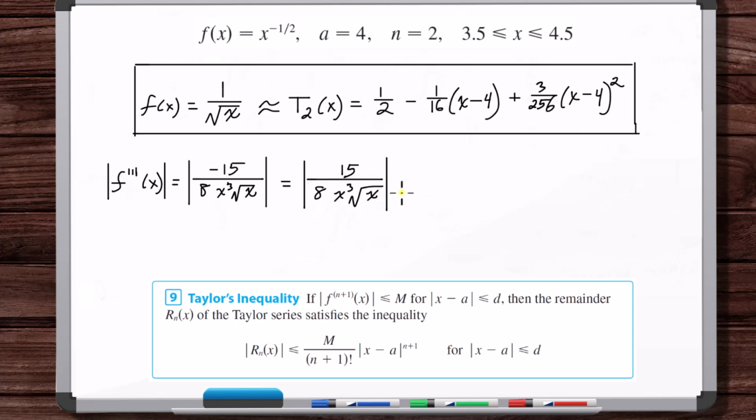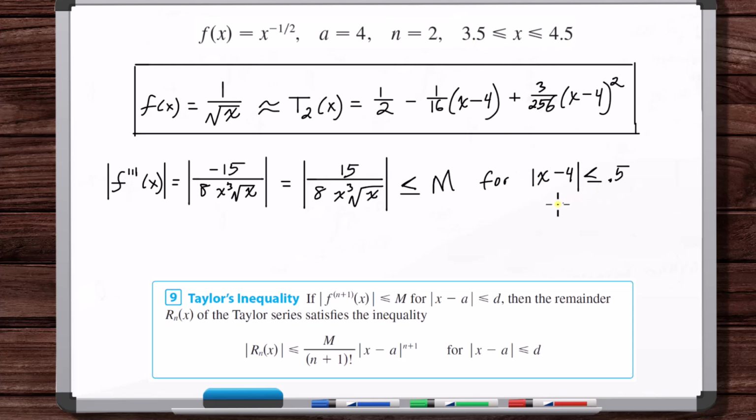Okay, now what we're looking for is some value M for which the absolute value of x minus 4 is less than or equal to 0.5, which is just saying that for x in this range here.